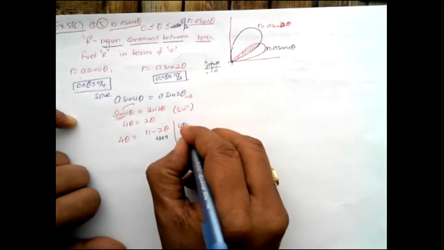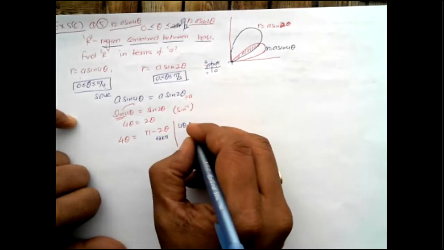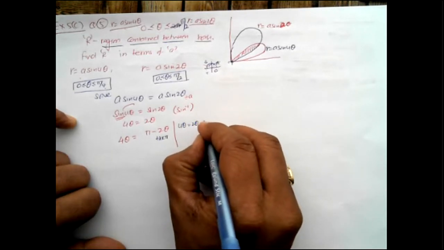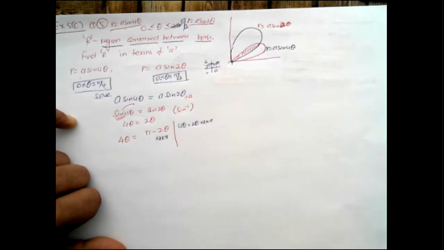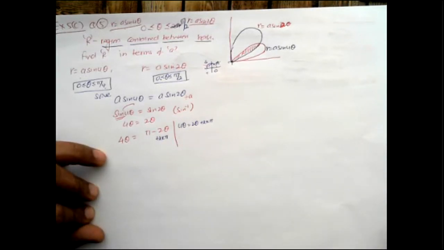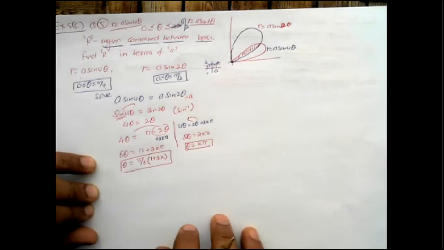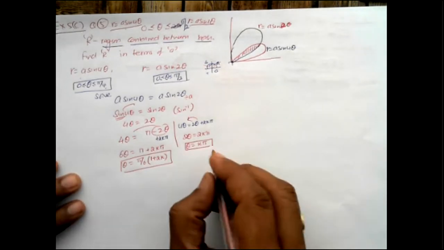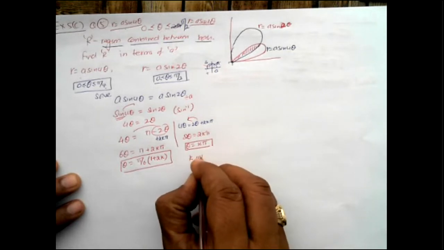And 4 theta would also be equal to 2 theta plus 2k pi, because sine and cos have periodicity of 2 pi. Let's work out the value of theta from there, which comes out as this. So these are the two values of theta we get. You can pause and check, and k can be any integer.